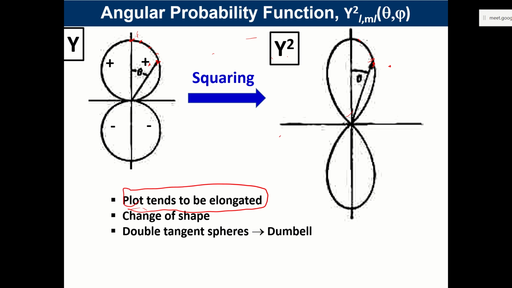We have just seen it is a cos theta function. Just like cos 45 was 1 by root 2, now it becomes 1 by 2, which is a smaller quantity. So earlier it was a circle like this, now it has been squeezed inward to 1 by 2. So this is how it will go at every point. Then the square of 1 is 1, that is no problem, it will remain.